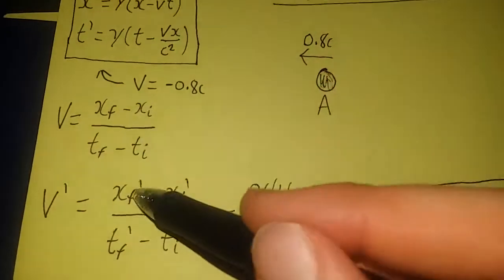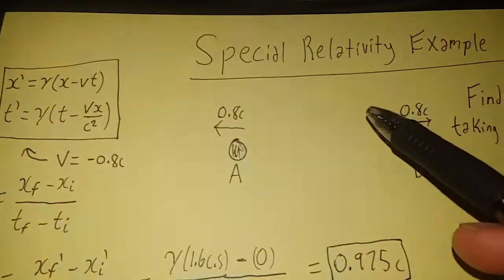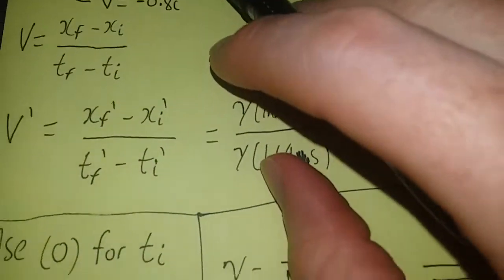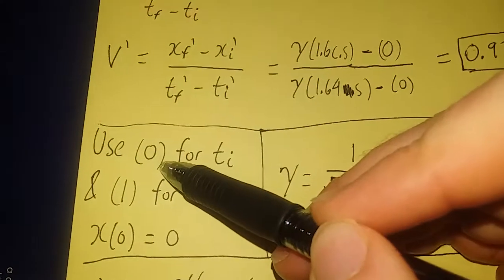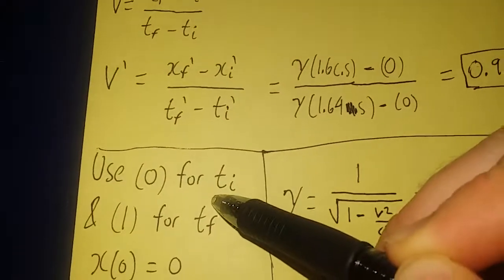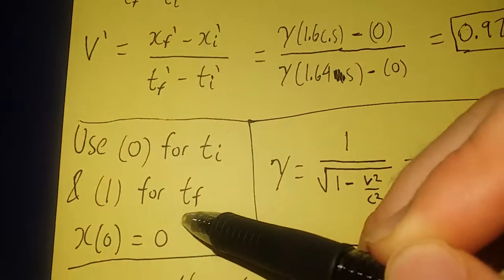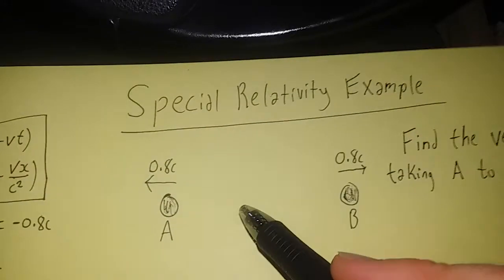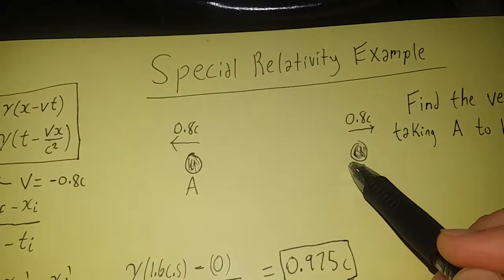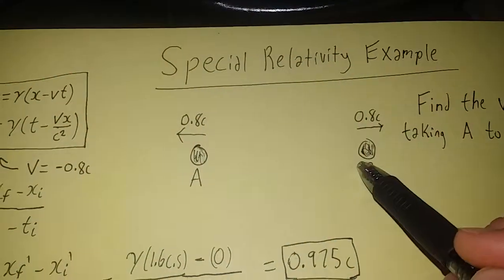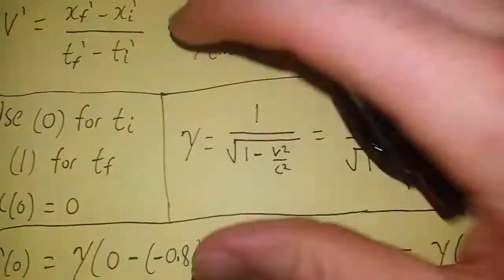So we have to find x prime and t prime for object B. Now, what I like to do is use 0 for the initial time, it just makes things easier, and use 1 for tf, the final time. And we're going to say that object B is at x of 0 at time 0. So we say that it starts at point 0.